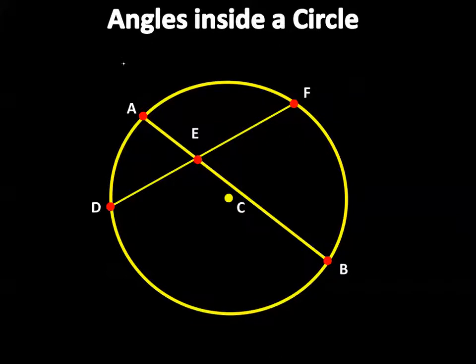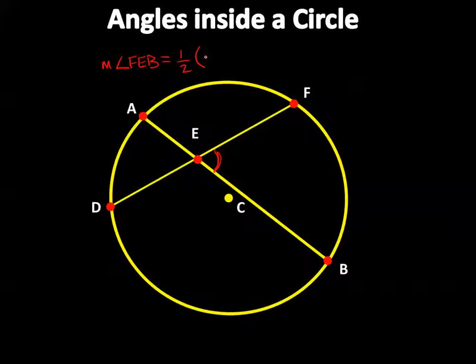Okay, it says for each angle, so right now I'm going to be focusing on angle FEB, which is right here. If I wanted to find the measure of that angle, I would say the measure of angle FEB equals half the measure, remember this, 1/2 the sum of the arcs intercepted by the angles.